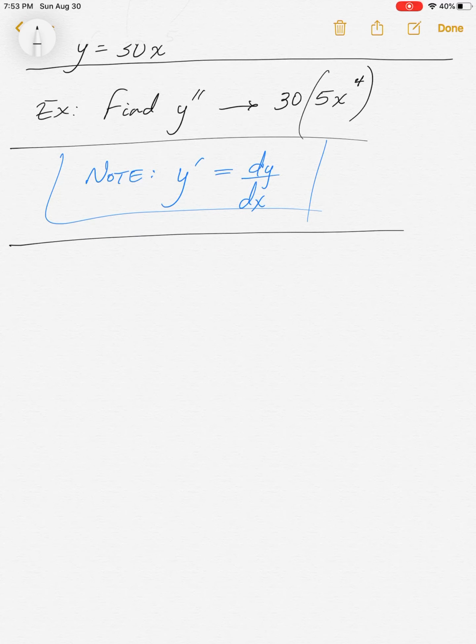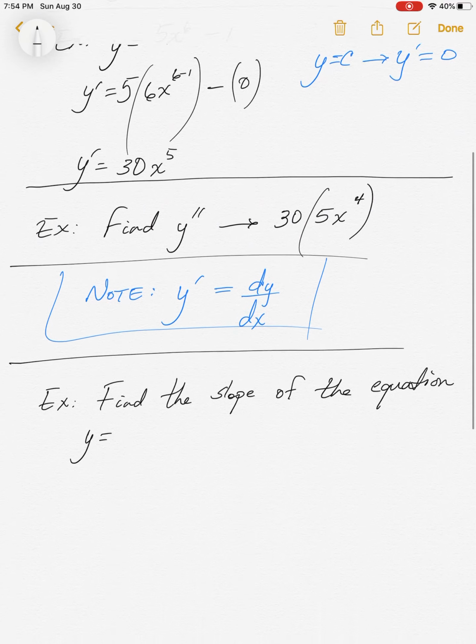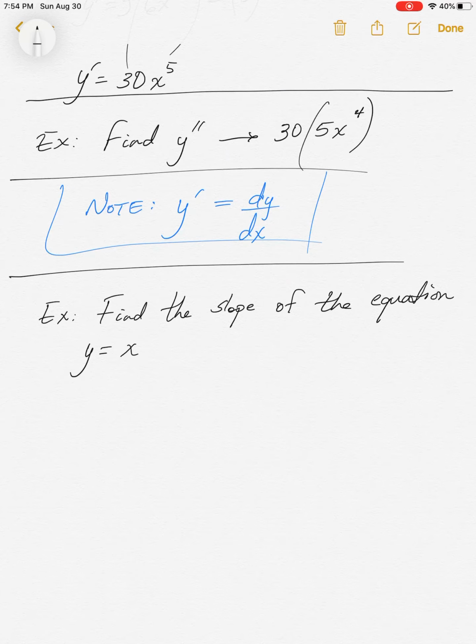You know how in all these other examples in the past, let's say it says find the slope of the equation y equals, let's use that same example, y equals x squared at x equals 5.